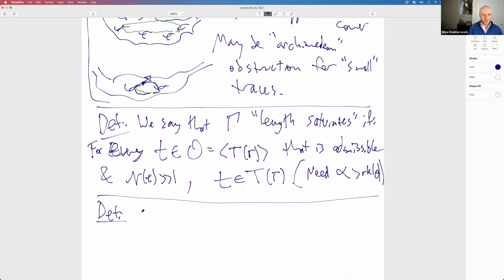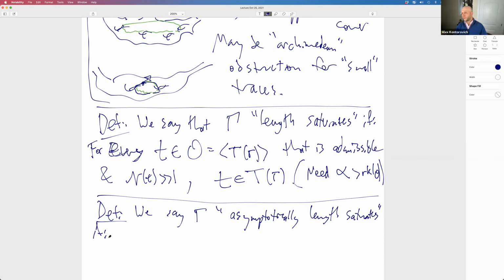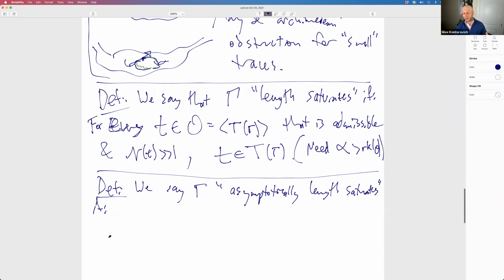So let me give you a second definition. We say gamma asymptotically length saturates if this holds for a subset of traces of density 1.